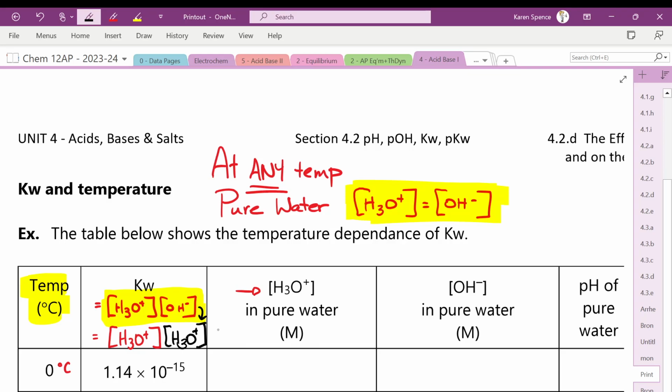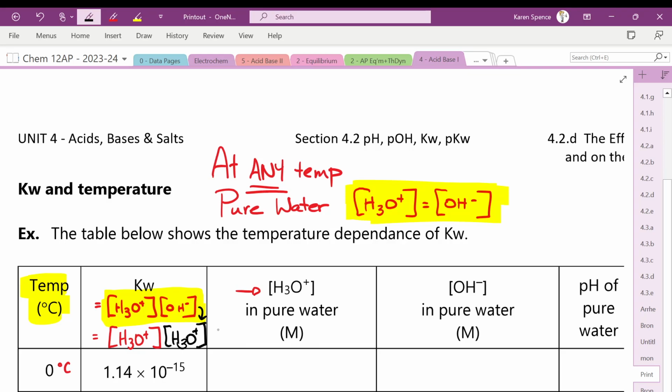Okay, so what we're going to do here, and we've already done this for a second, is use the fact that in pure water, the concentration of hydronium is equal to the concentration of hydroxide. It's not acidic, it's not basic, it's the same. So we can rewrite this as H3O plus times H3O plus, since they're the same.